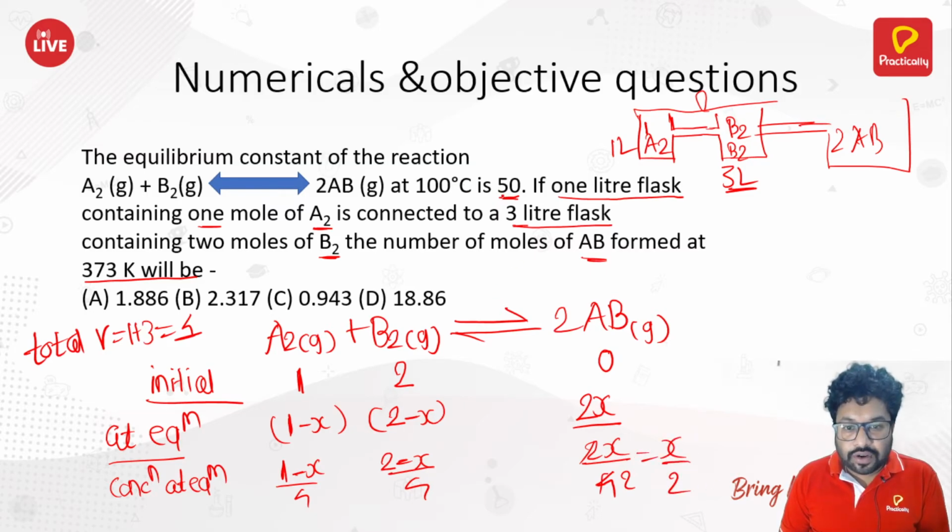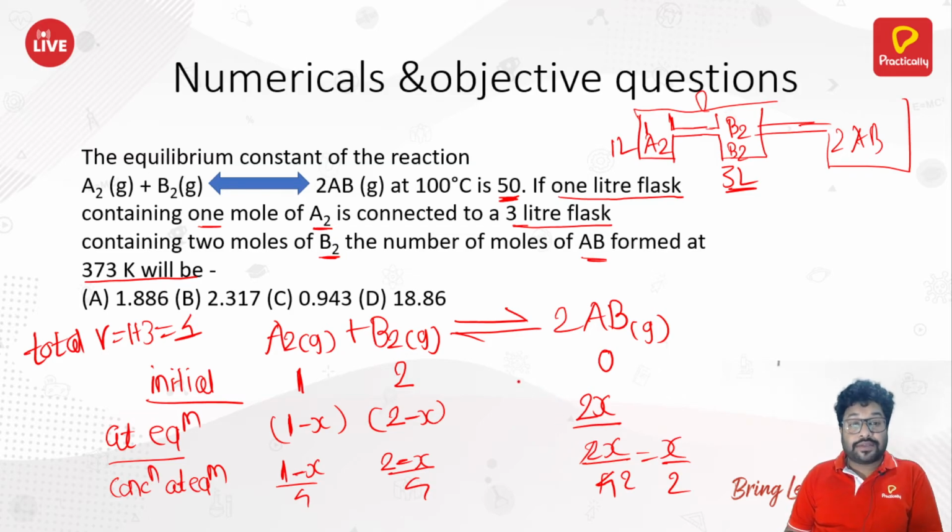Now you already know what Kp is, right? So from the value of Kp and the concentrations at equilibrium, you can calculate what? The x. Because once you get the x, you can get the number of moles of AB formed. That is our ultimate objective, right?